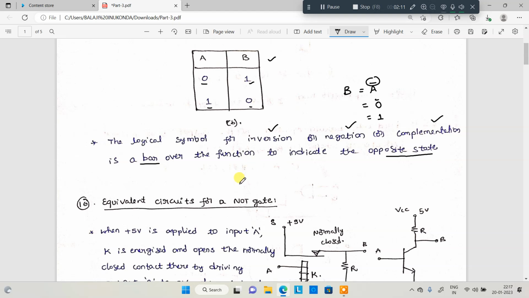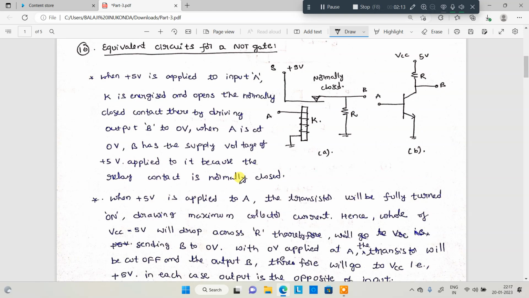Next we are moving to the equivalent circuit using a relay, how to draw the equivalent circuit for the NOT gate.